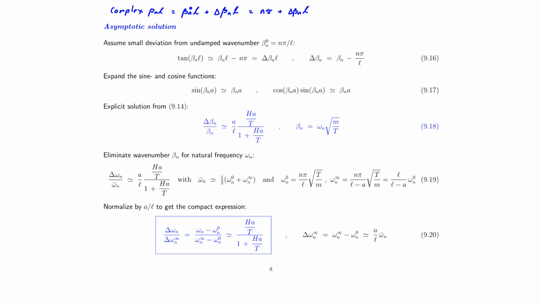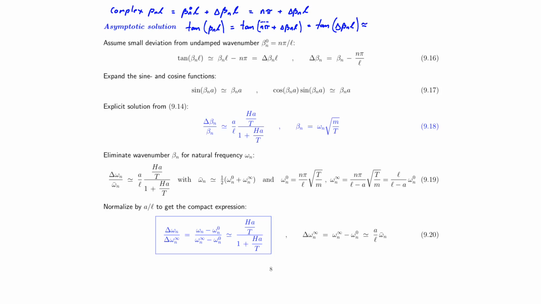Now when we take the tangent to this complex wave number, we've just shown that's the same thing as taking the tangent to n pi plus delta beta_n L. Now the tangent is periodic in n pi. So that means this actually provides us with the same solution obtained by simply taking the tangent to the second term, that's the delta beta_n L. Now for small arguments, for small delta beta L, the tangent will be approximately equal to its argument.